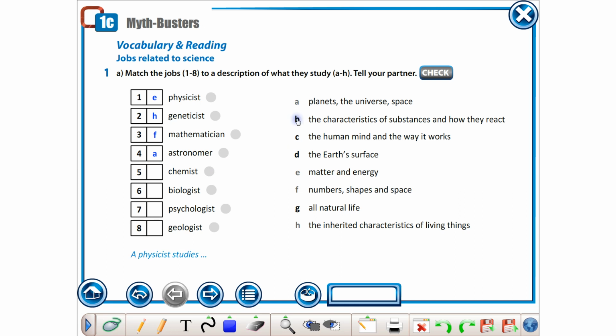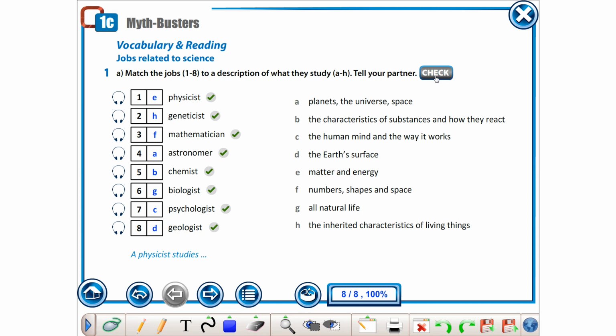Number 5, the characteristics of substances and how they react. Number 6, I suppose C, the human mind. No, I don't think that it's C. Yes, maybe the 7th C. And biologist is G, all natural life, and the last, the Earth's surface.